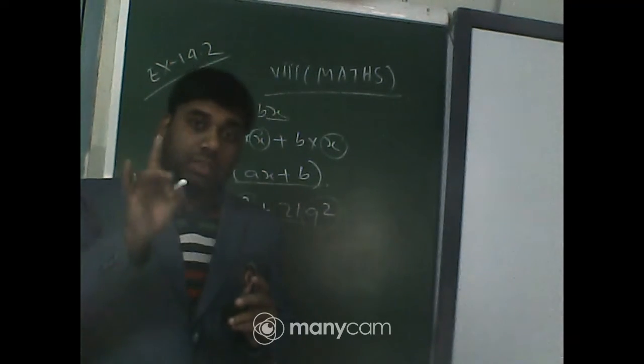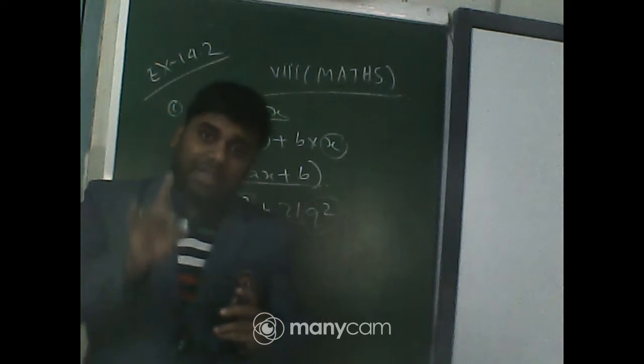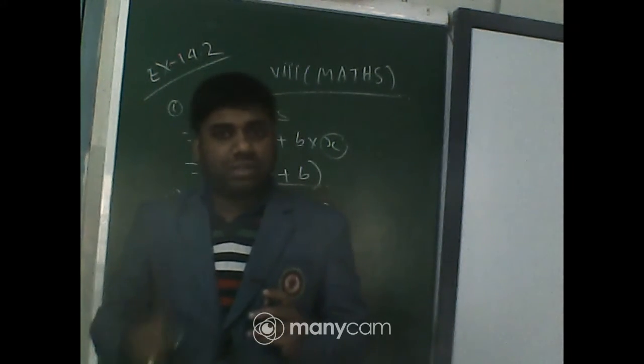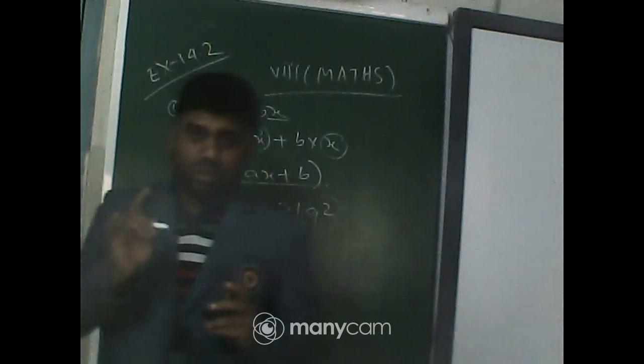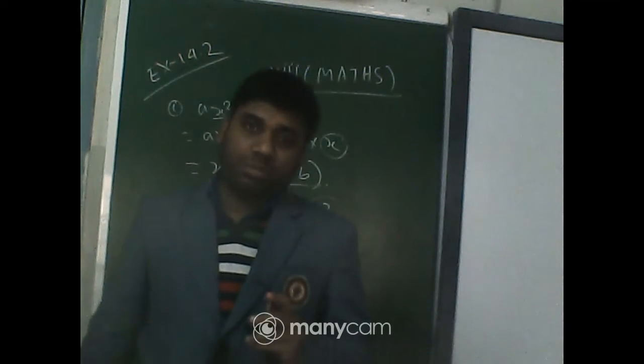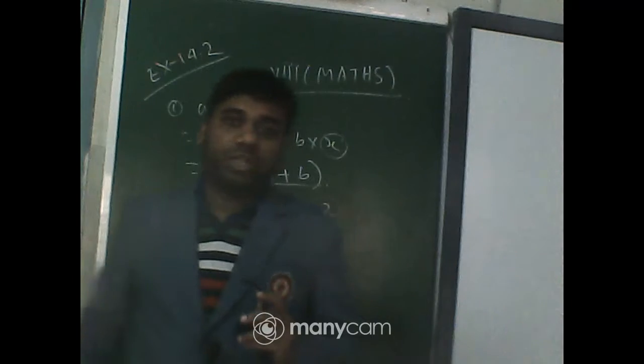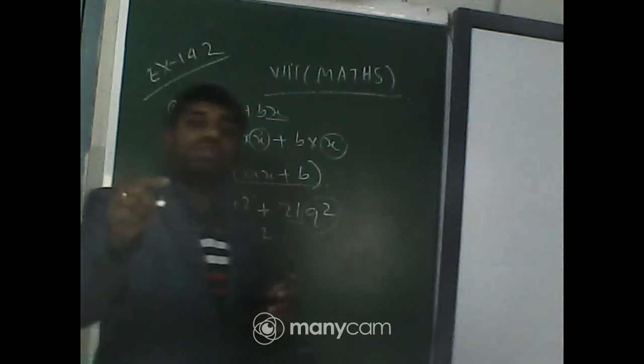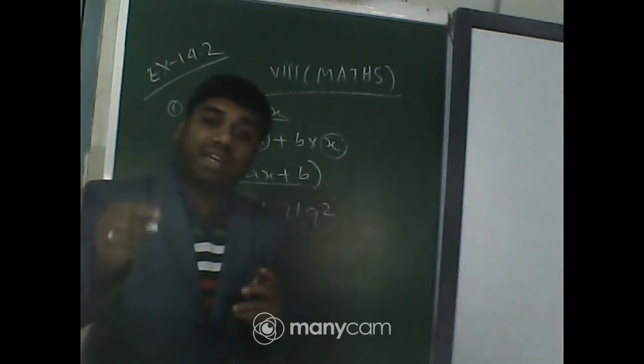But what are the factors of 21? 1 is a factor of 21, 3 is a factor of 21, 7 is a factor of 21, and here is already 7. So take 7 common.